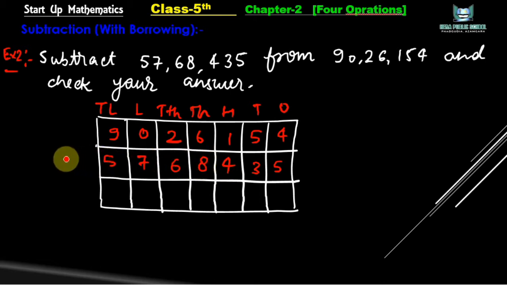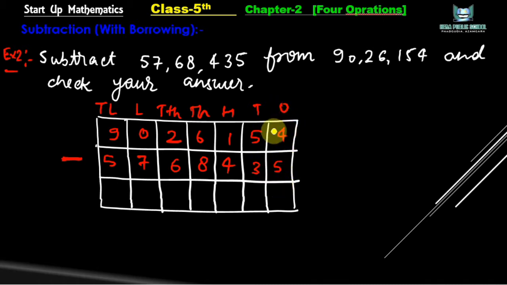Here we use the minus sign. This sign represents subtraction. Now we are going to subtract. 4 is less than 5, so we cannot subtract 5 from 4. So we need a borrow. How will we get a borrow?